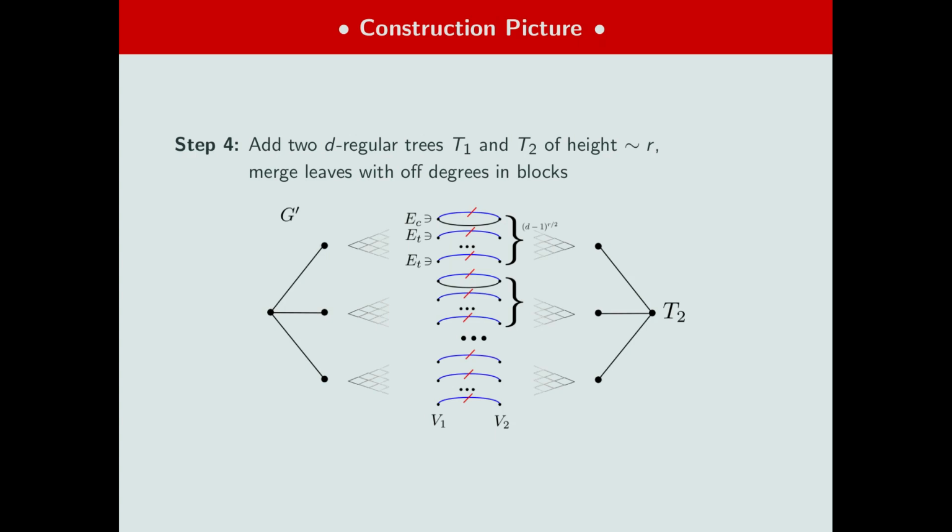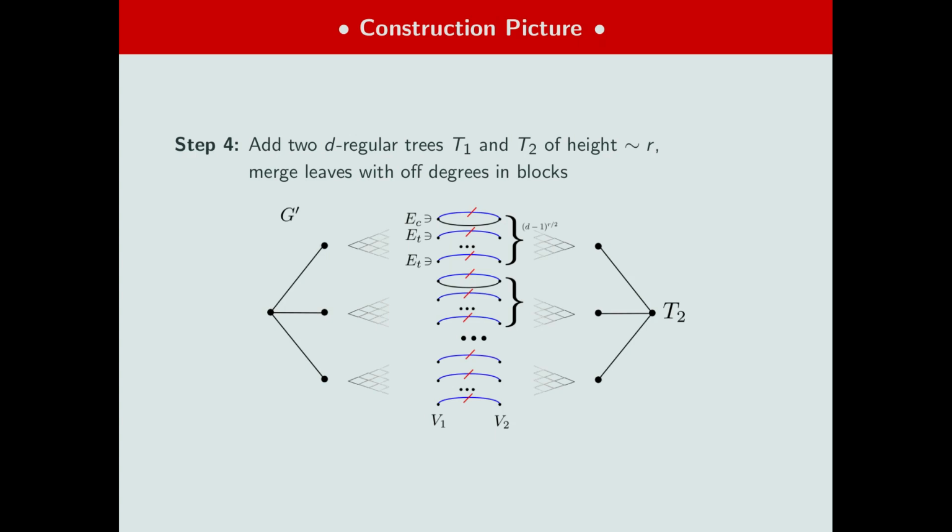Each block has one endpoint from E sub c, which means one endpoint from an edge we removed to break up a cycle, and a lot of vertices from V1 E sub t, meaning an endpoint of the remaining edges we removed.